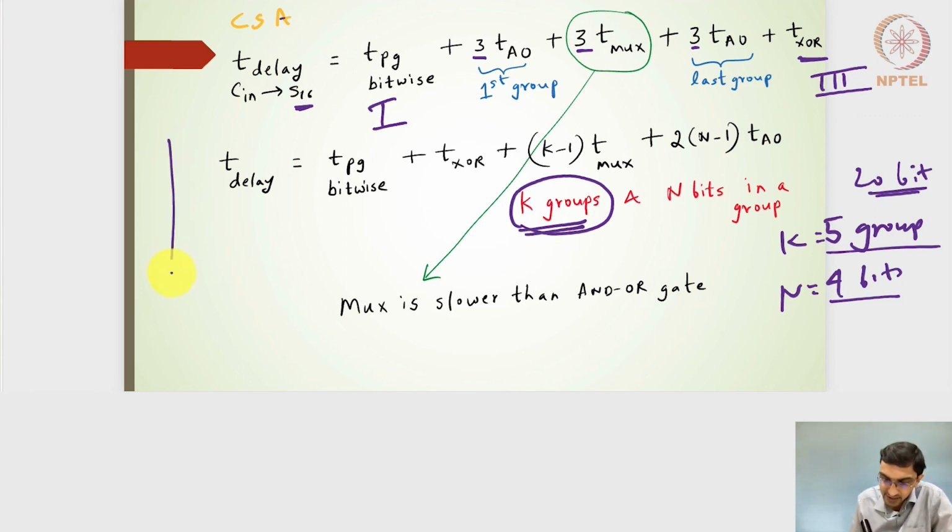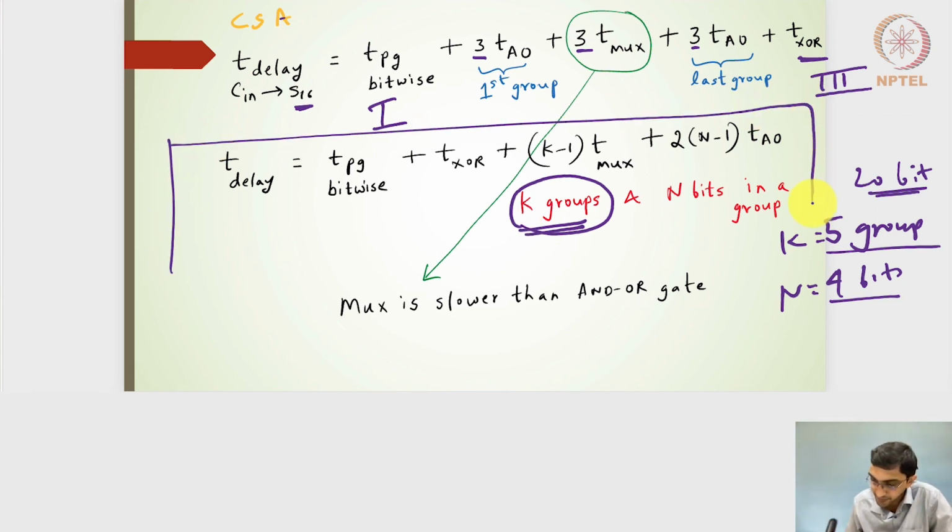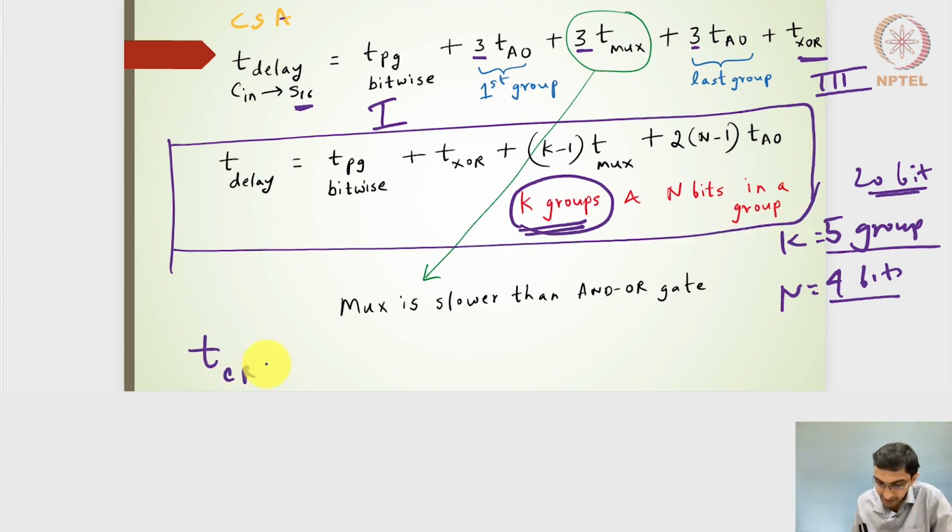So if I consider this particular delay and compare it with that of the carry ripple adder delay, it will have the same T_PG of bitwise, and it will have the same T_XOR in the third stage, plus, but here it will be for an n bit, right?